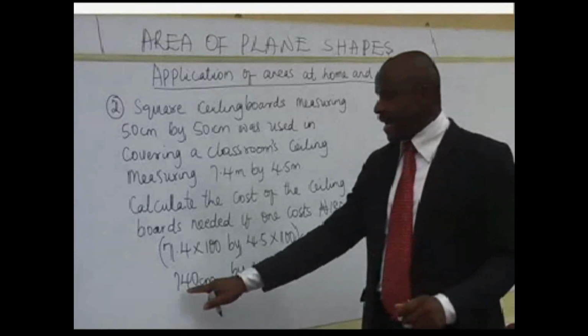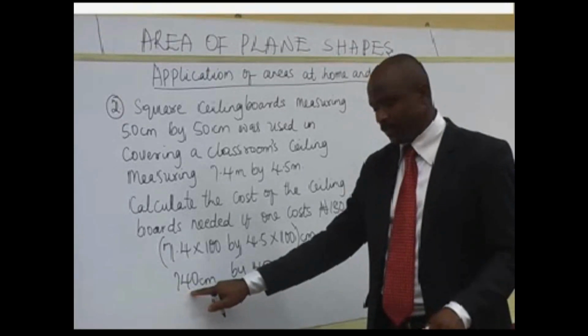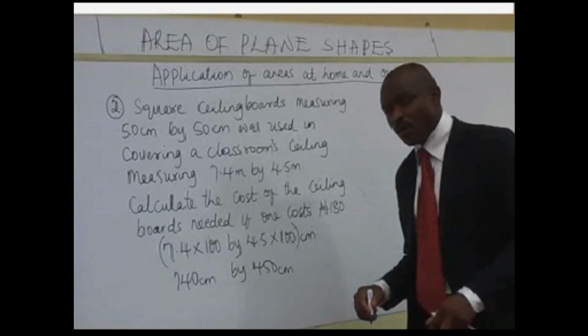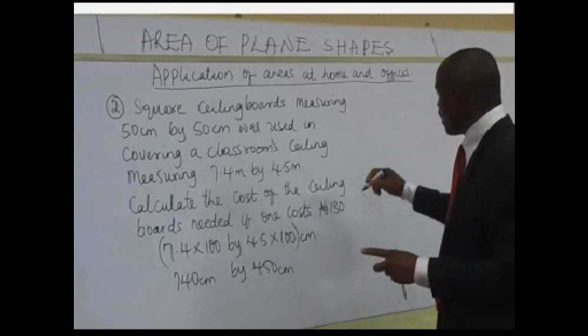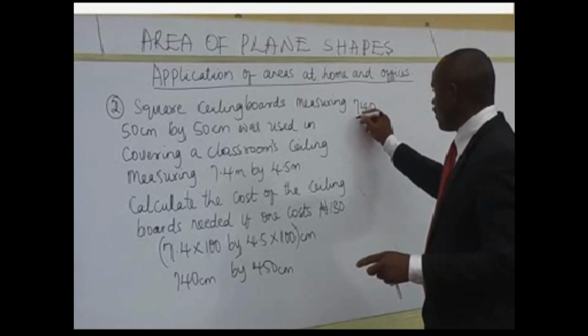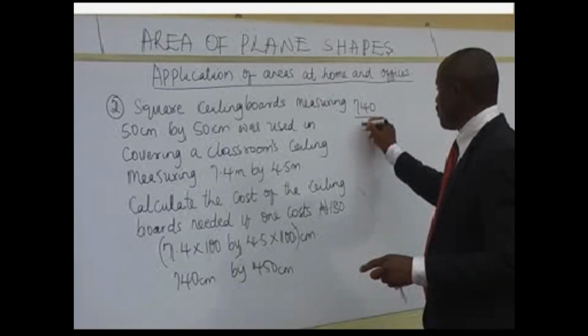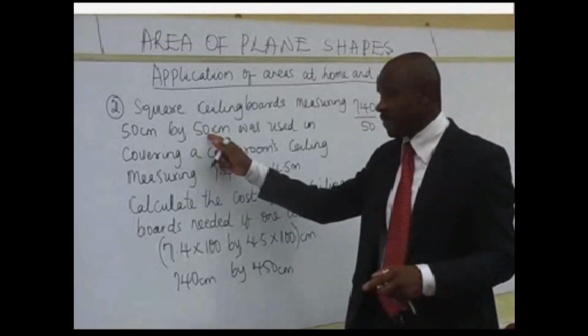This is the length of the ceiling of the classroom. The number of ceiling boards needed to cover that length will be 740 divided by 50. The ceiling board measures 50 by 50.